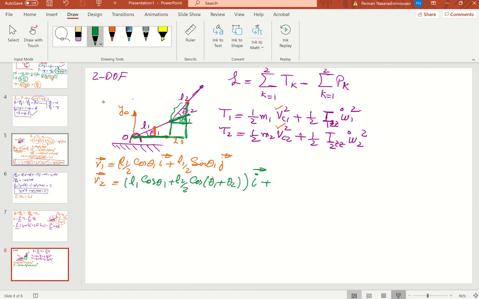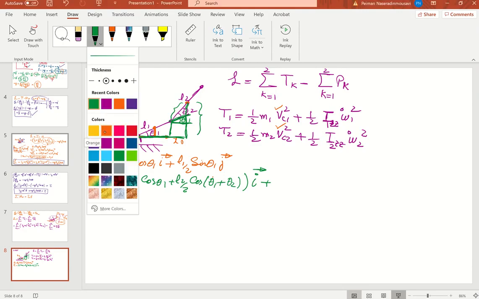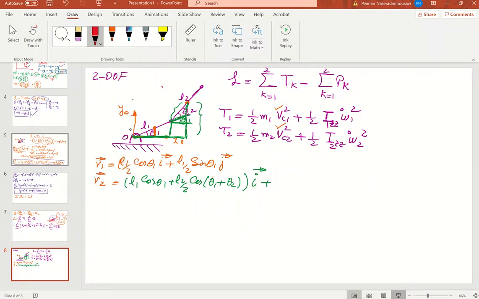Now plus, now I'm talking about this. This is that. Let me change the color. This is this plus this, right?